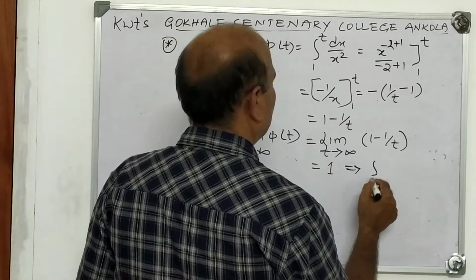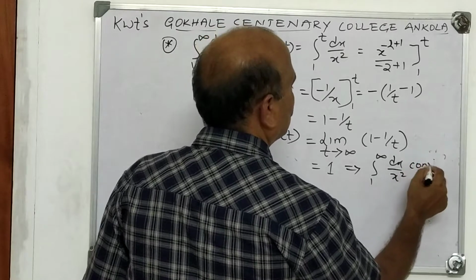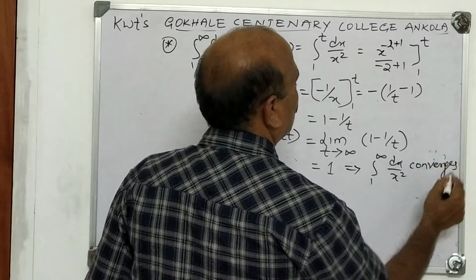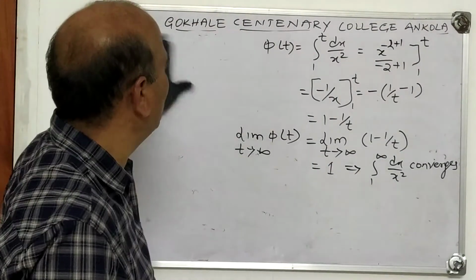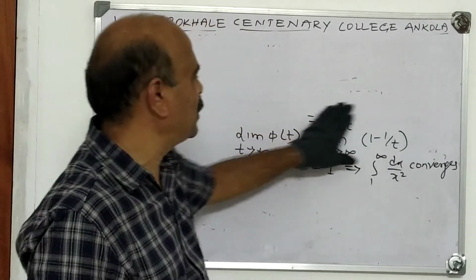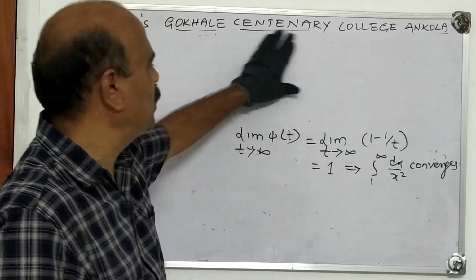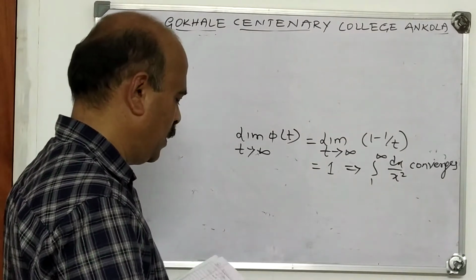This implies the integral from 1 to infinity dx by x square converges. See, here we are not calculating the value of the integral, and only we test whether the integral converges or not. These are some examples.